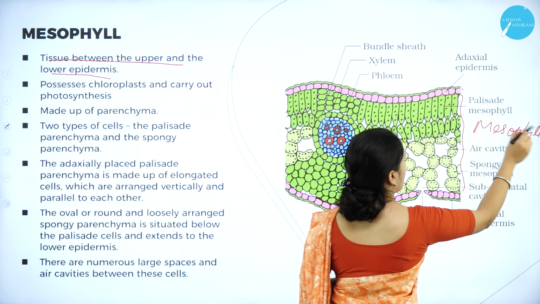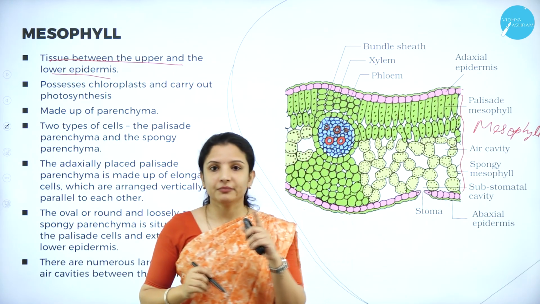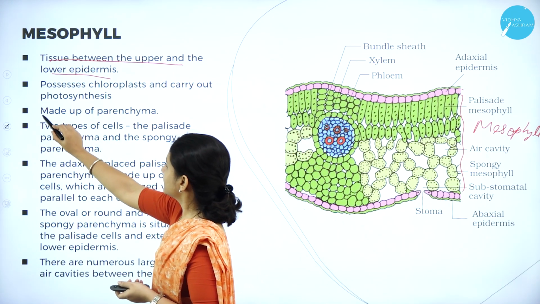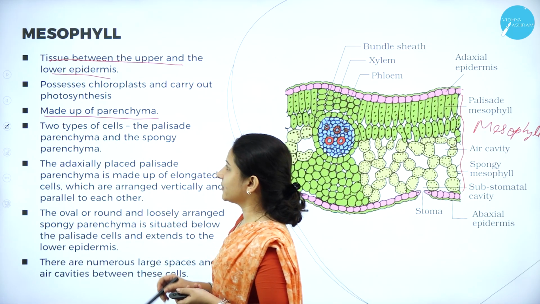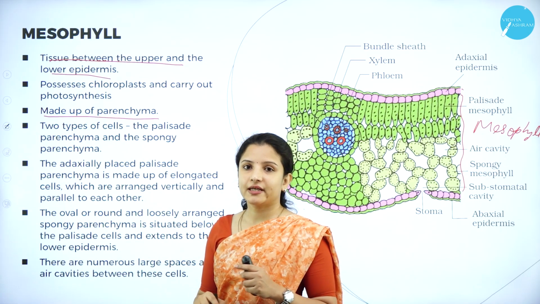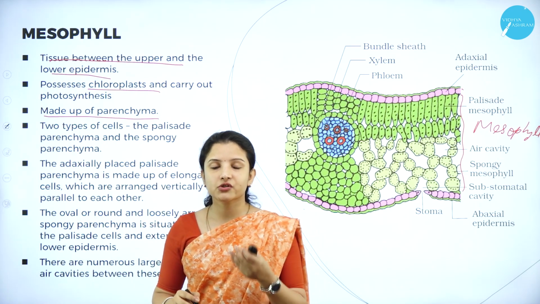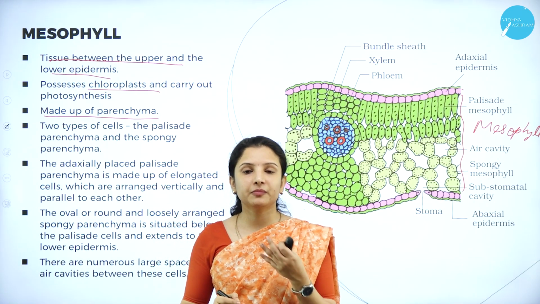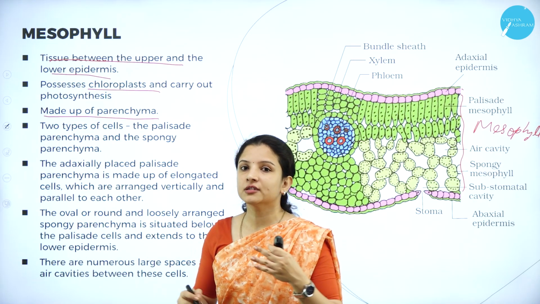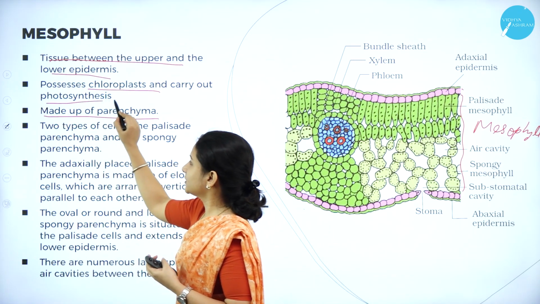So again here, what is the mesophyll made up of? The mesophyll contains cells that are mostly parenchymatous, and these parenchyma cells actually have chloroplast in them, and they are the ones which help the plants to synthesize their own food through a process called photosynthesis.